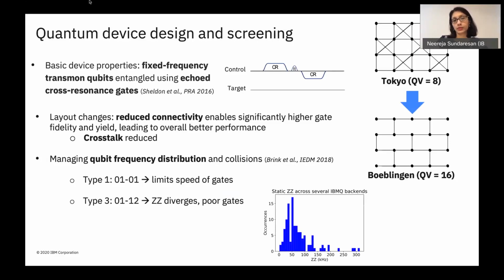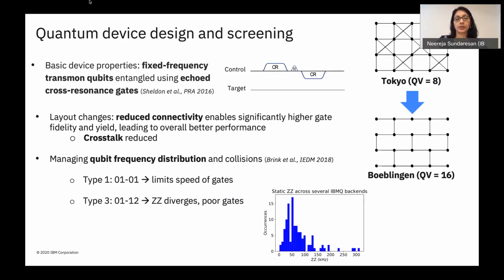One of the most obvious changes between earlier 20-qubit devices such as Tokyo and a more recent one is the reduced connectivity. In the latter design, each qubit has at most 3 nearest neighbors, whereas in the earlier Tokyo, a qubit had as many as 6.